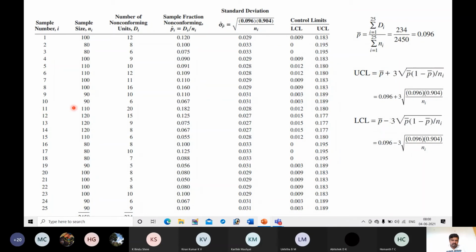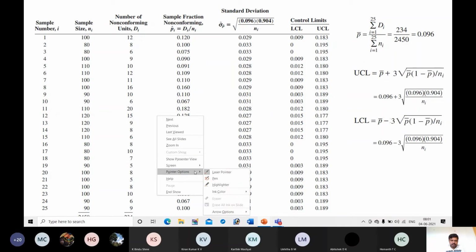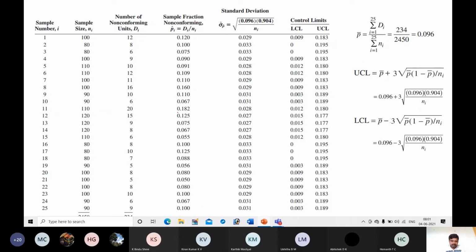For sample number 11, 0.182 is the sample fraction non-conforming, and the control limits are 0.012 lower control limit and 0.180 upper control limit. So you can see the upper control limit is 0.180, whereas the p cap value is 0.182. So this is an out of control point.